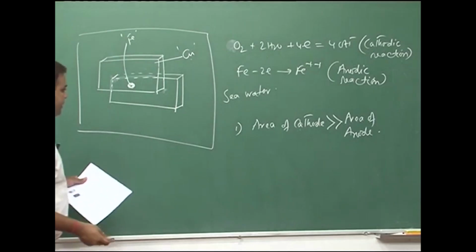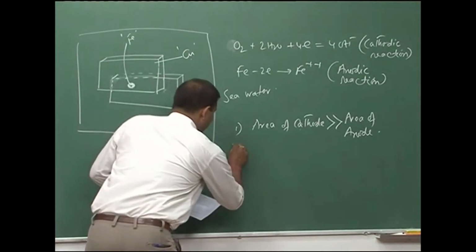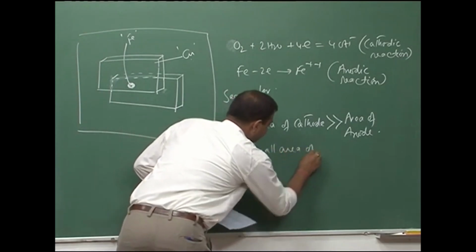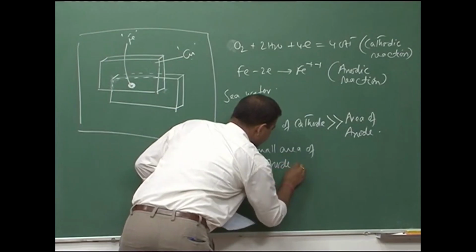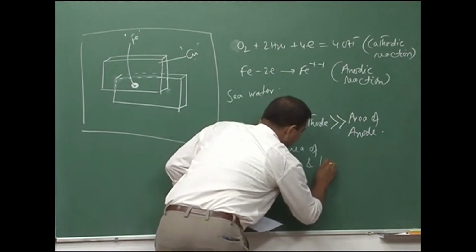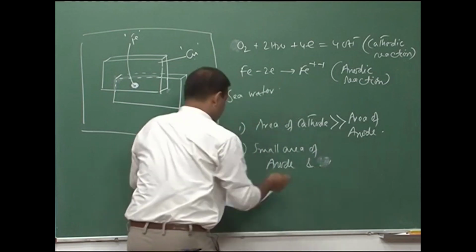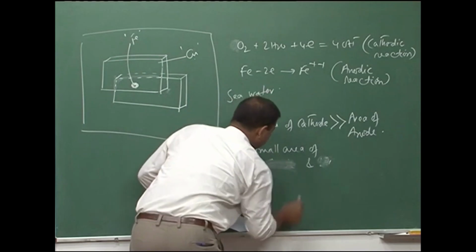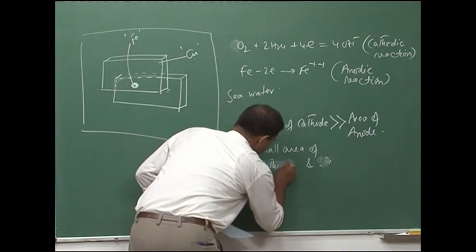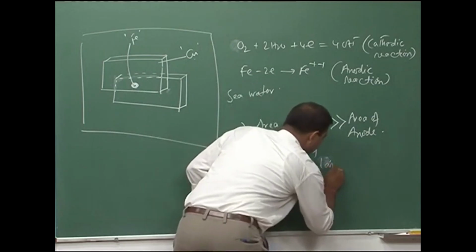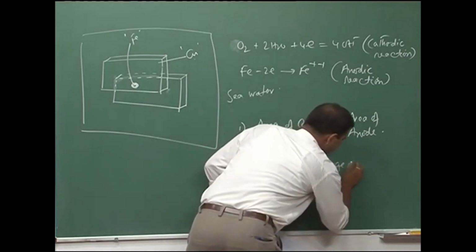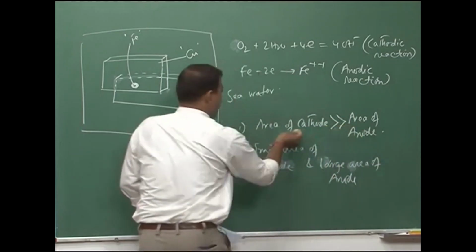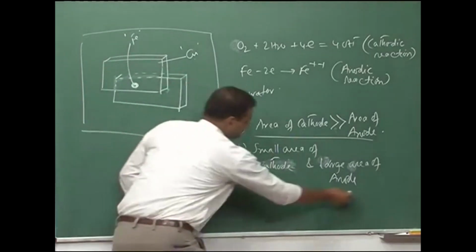Another observation is: small area of anode and large area of cathode, this is unfavorable, and small area of cathode and large area of anode, this is favorable.